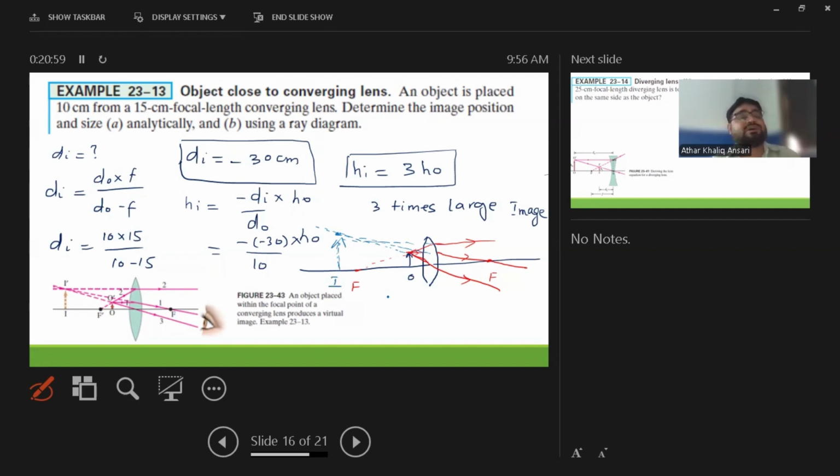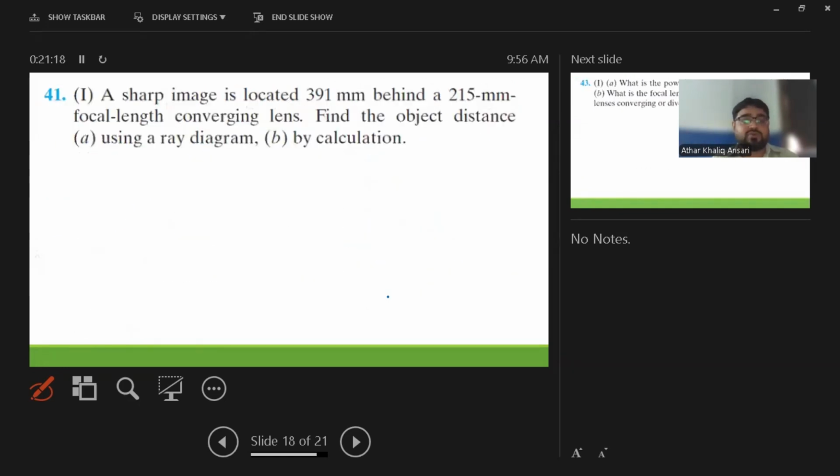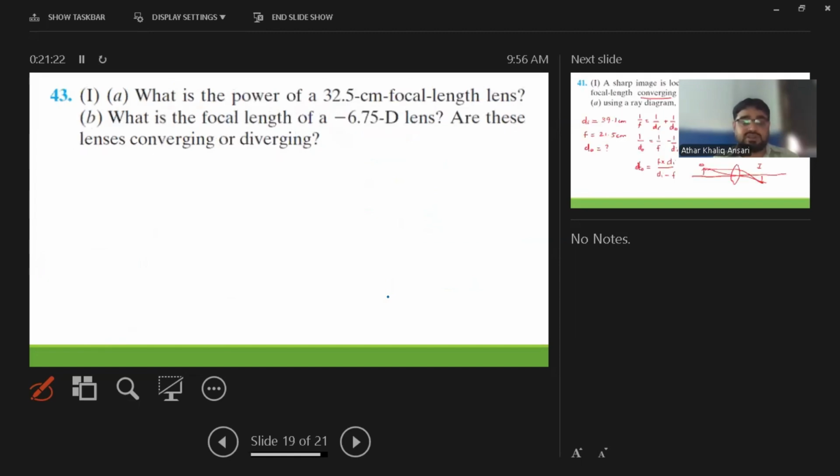So this is the ray diagram for the image formation. So we can see the image is bigger and it is also on the same side. So the distance of the image is negative. Size of the image is positive because it is upright, but it is a virtual image. Focal length is positive as it is. Okay, just to have a quick recap for this one.